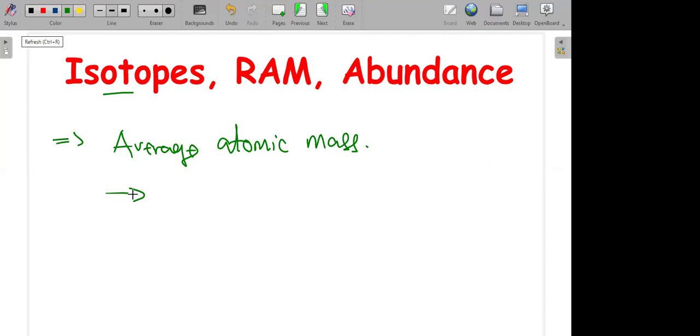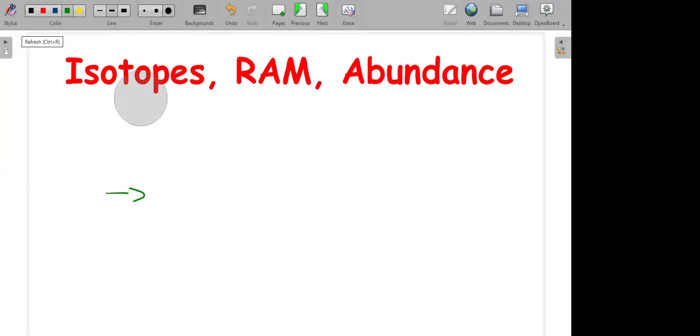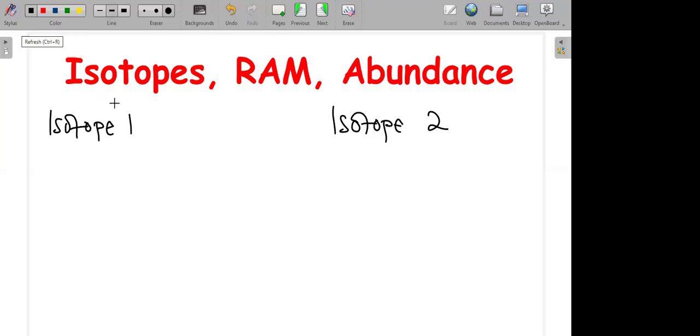All right, so to find this average atomic mass, let's say, for example, I have two isotopes. So I have isotope 1, and then I have isotope 2. To find the average atomic mass, which is also known as the RAM, so average atomic mass or relative atomic mass is the same thing.